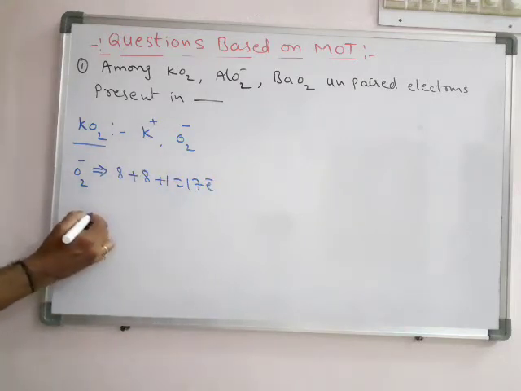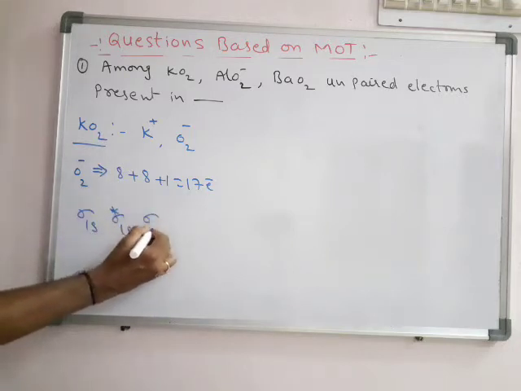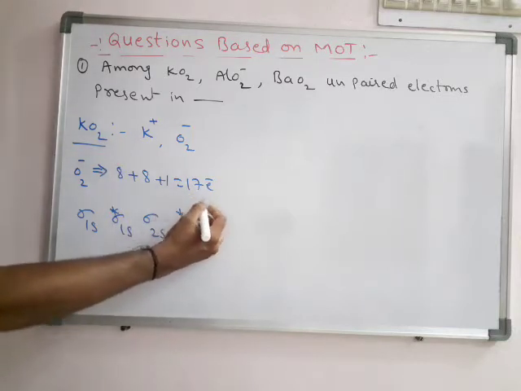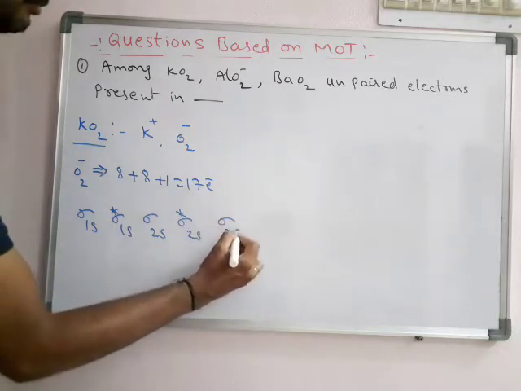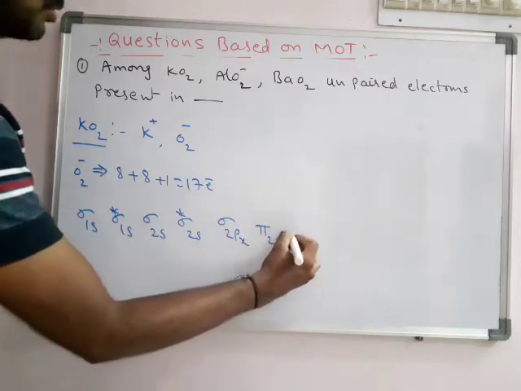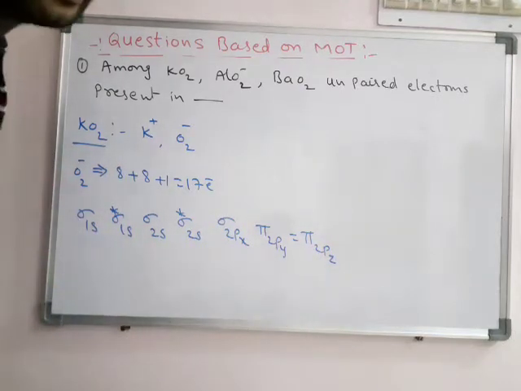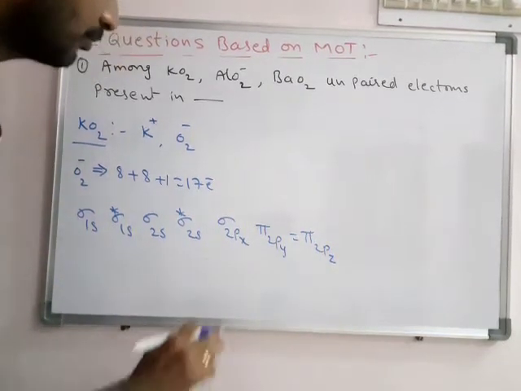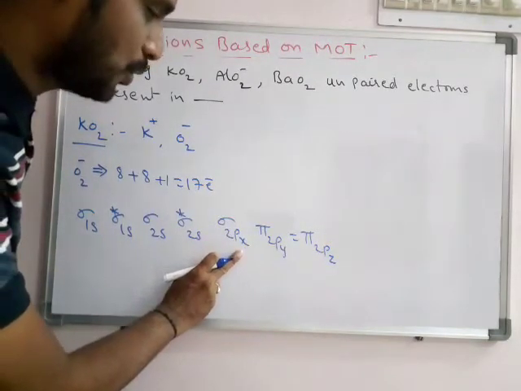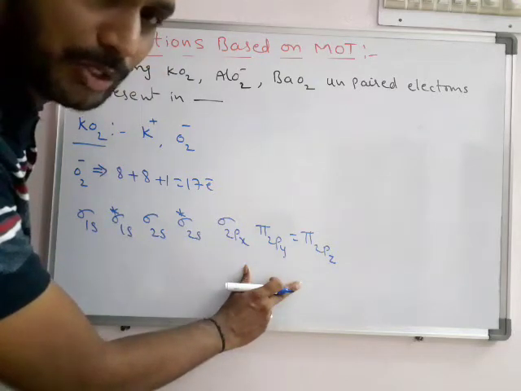We know the 17 electron configuration is 1s sigma, sigma star 1s, and so on, first sigma 2px, then pi 2py, pi 2pz. Here one important thing I want to tell you: I used x for sigma and y and z for the pi molecular orbitals.